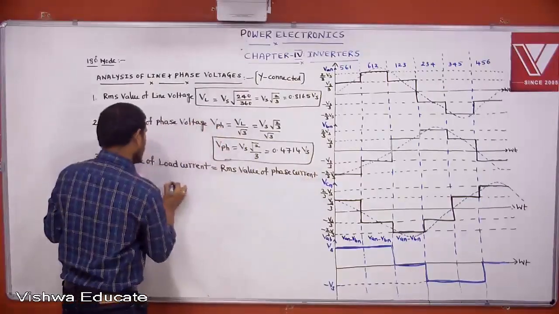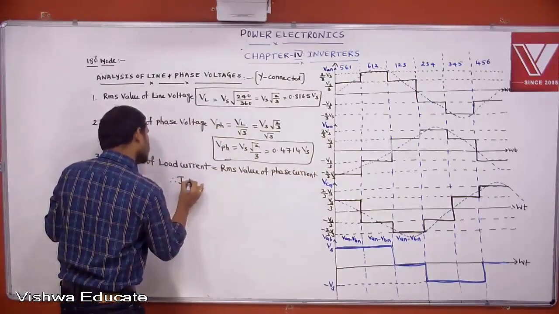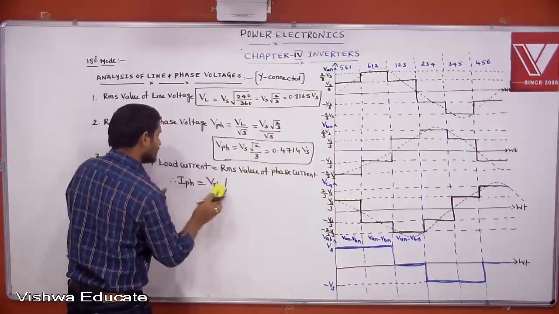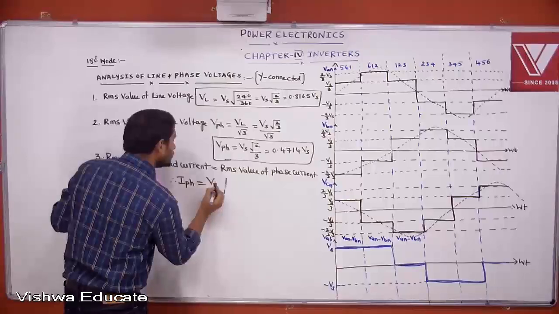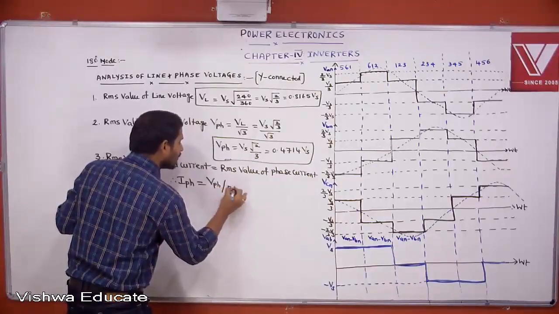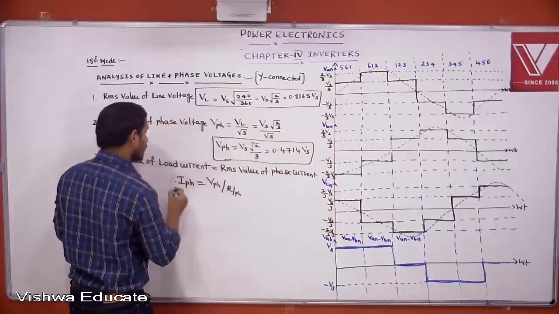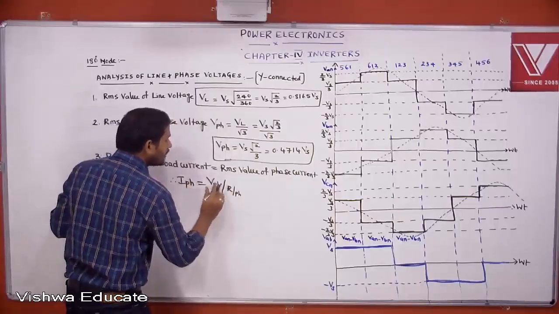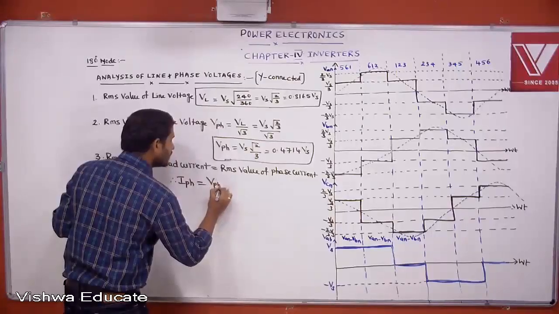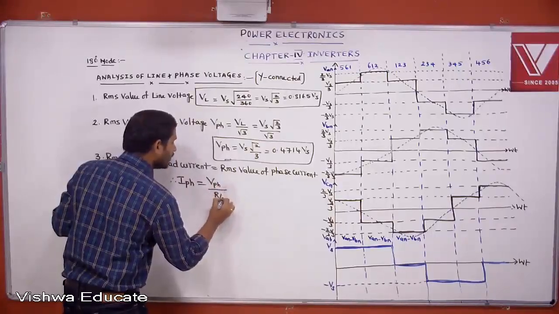Therefore, I phase equal to V phase by, you take phase resistance. I phase equal to V phase by R per phase. Sorry, you write it like this: V phase by R per phase.